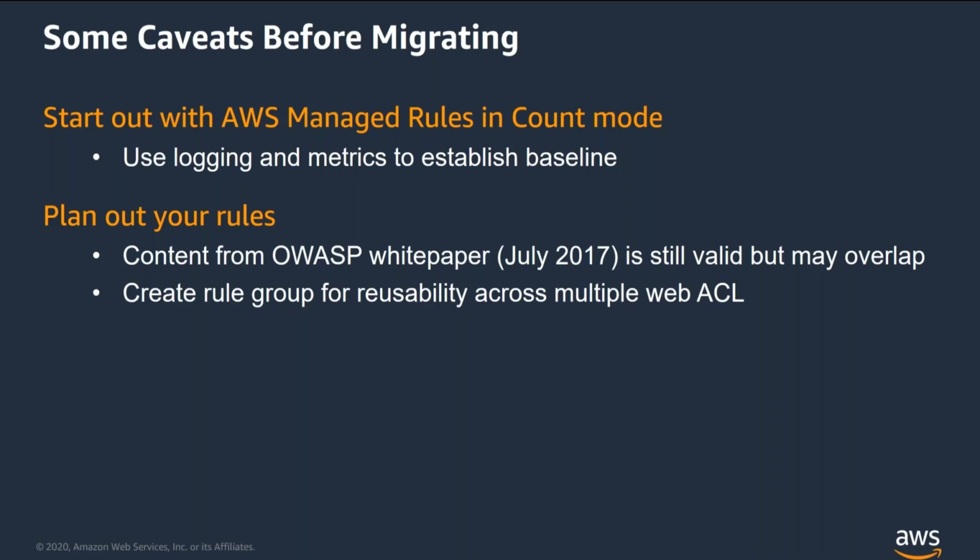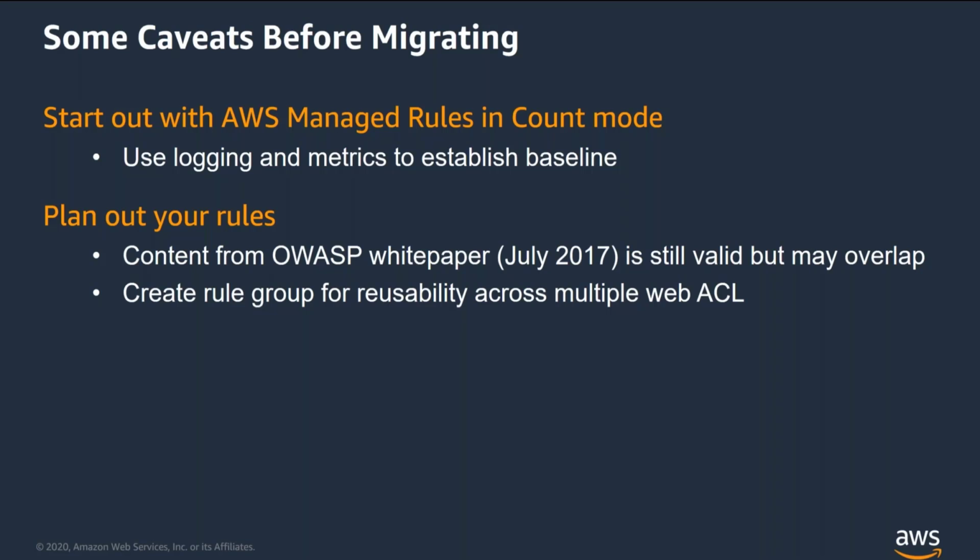You should also try to plan out your rules, meaning you can use this opportunity to revisit some of the old rules and eliminate some of the redundant ones. The content from the OWASP white paper that we released back in July 2017 is still valid, but may overlap with AWS Managed Rules.